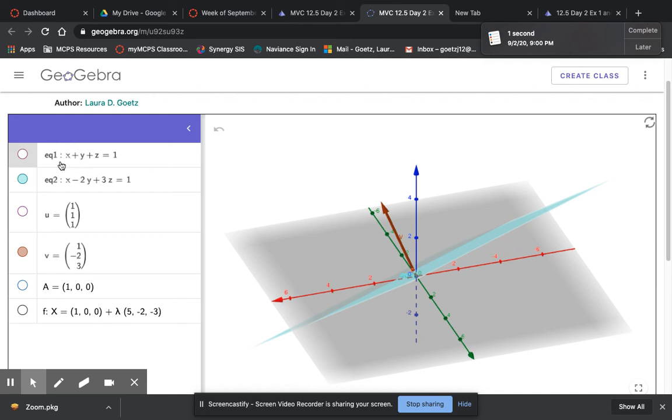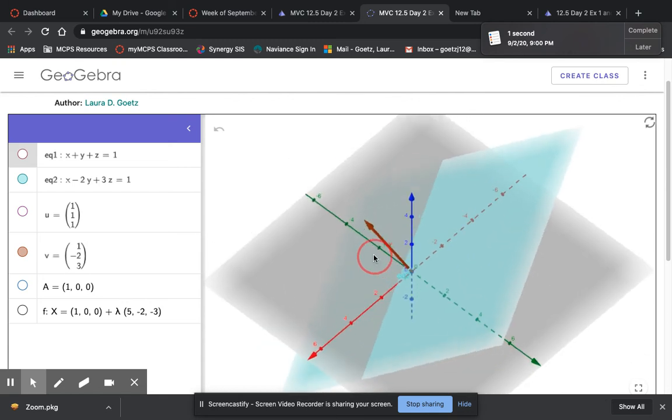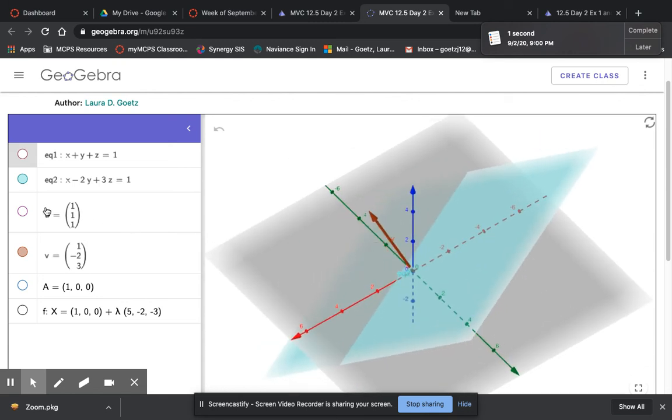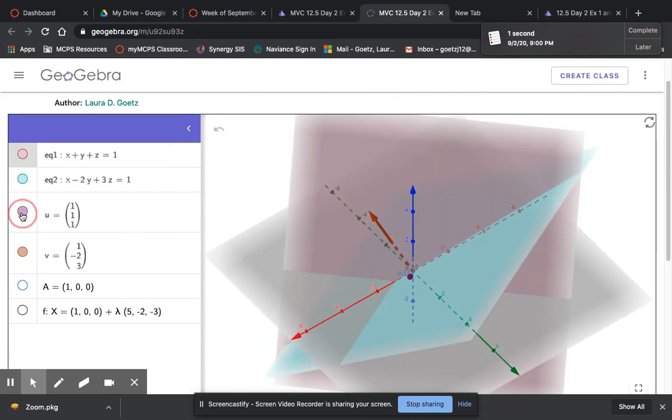The coefficients of the variables in standard form are the components of your normal vector, right?